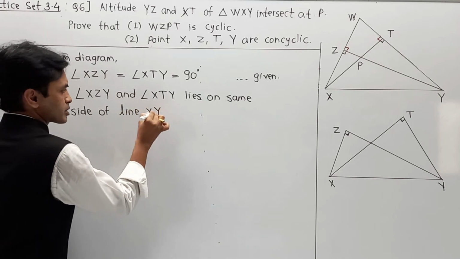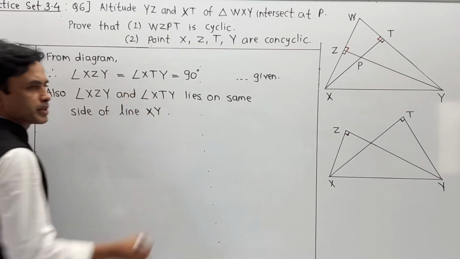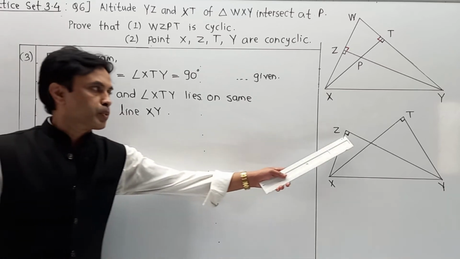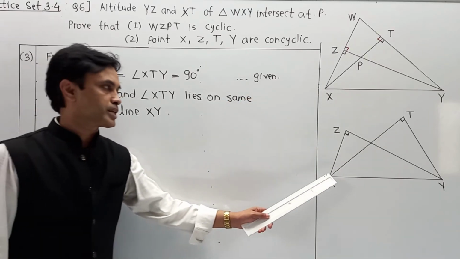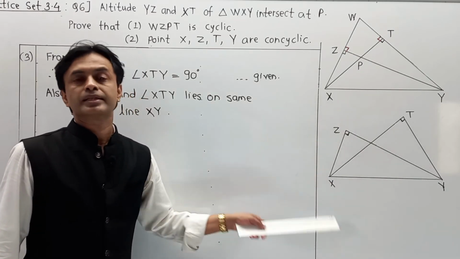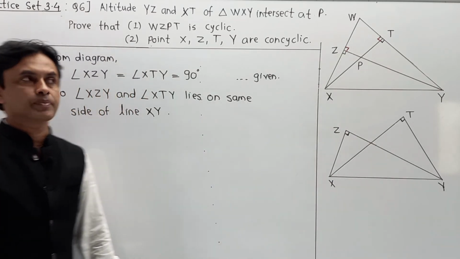You can say line XY or segment XY, the meaning remains the same. As both angles are congruent and both lie on the same side, then naturally there must be a circle passing through points X, Z, T, Y.